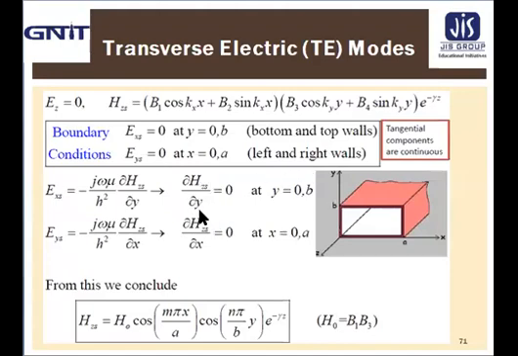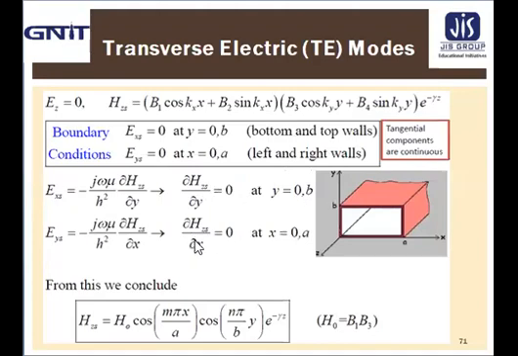we can write that Ex is equal to minus j omega mu by h square into del Hzs by del y. And if we apply the boundary condition for these two equations, then we can write that del Hzs by del y equal to 0 at y equal to 0 and y equal to b.